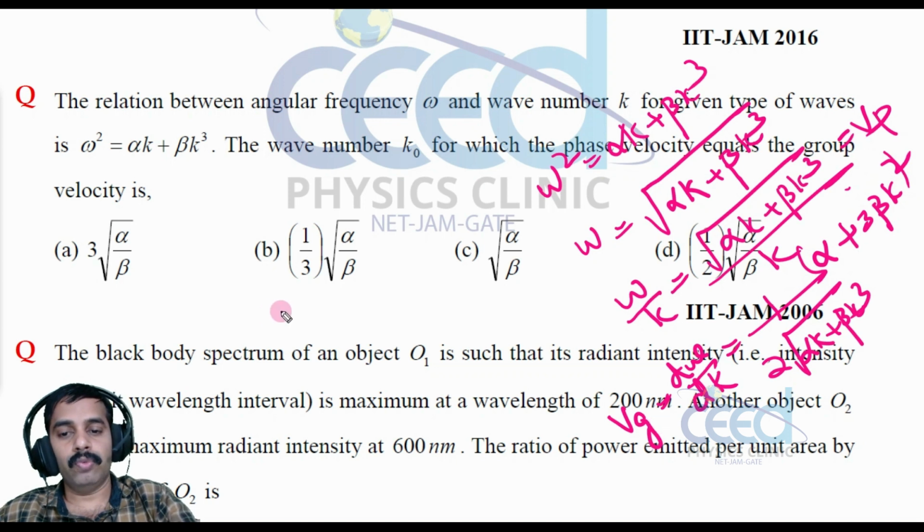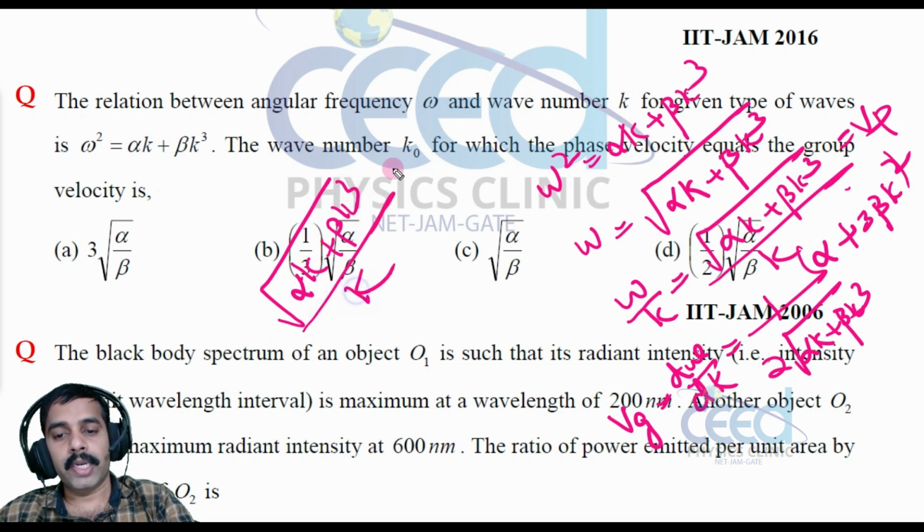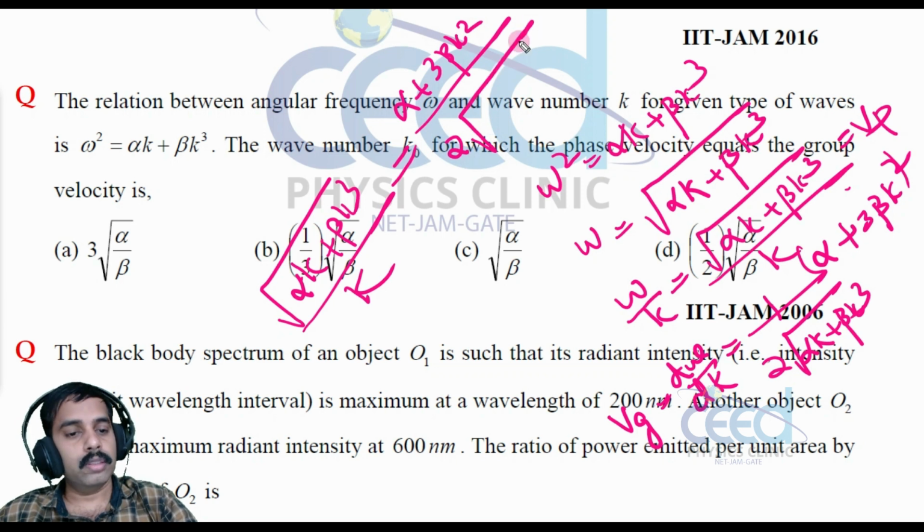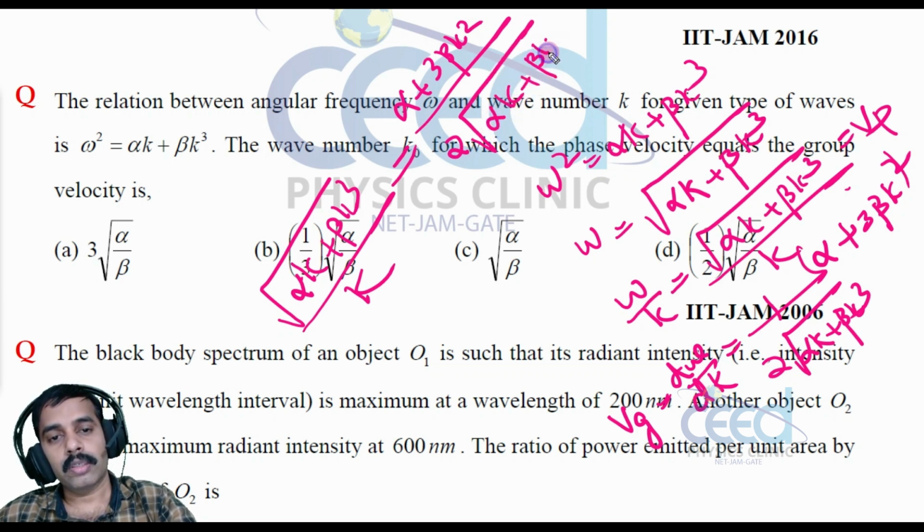Vp is equal to Vg means root of alpha k plus beta k cube divided by k is equal to this value, that is alpha plus 3 beta k square divided by 2 root of alpha k plus beta k cube.